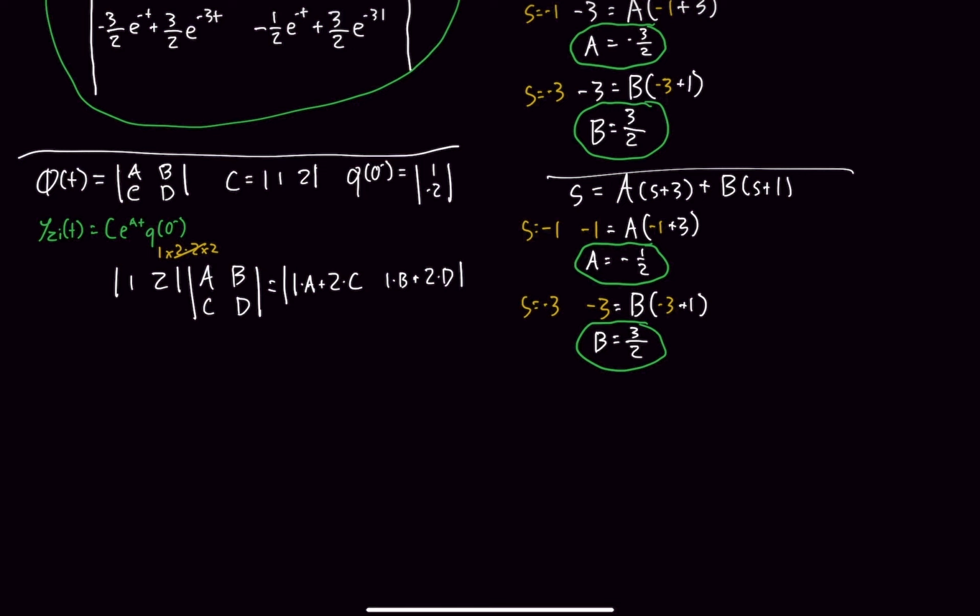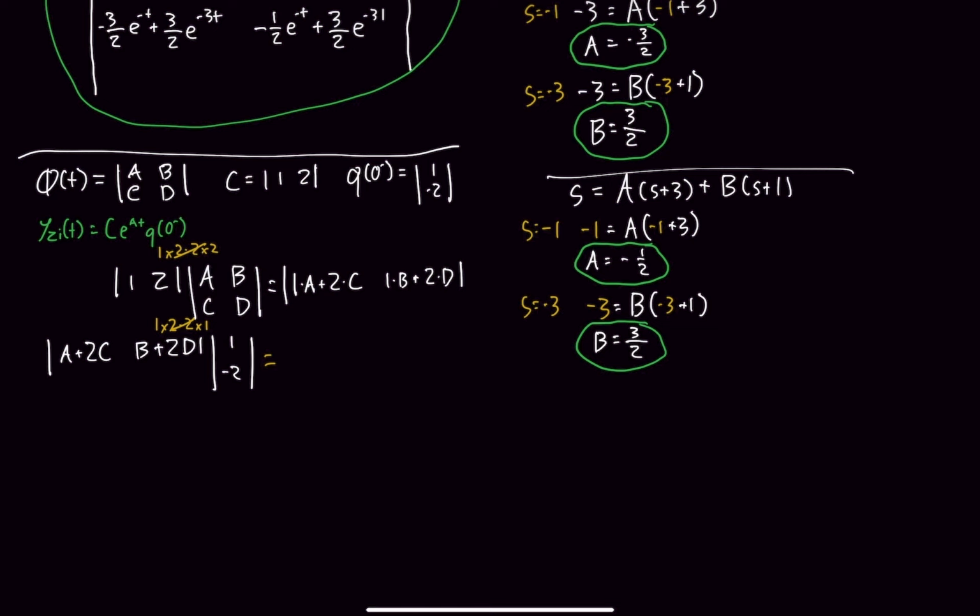Now let me multiply this by our Q naught. That's A plus 2C, B plus 2D times 1, negative 2. So what do I got here? I got a 1 by 2, I got a 2 by 1, which is going to leave us with a 1 by 1 matrix.